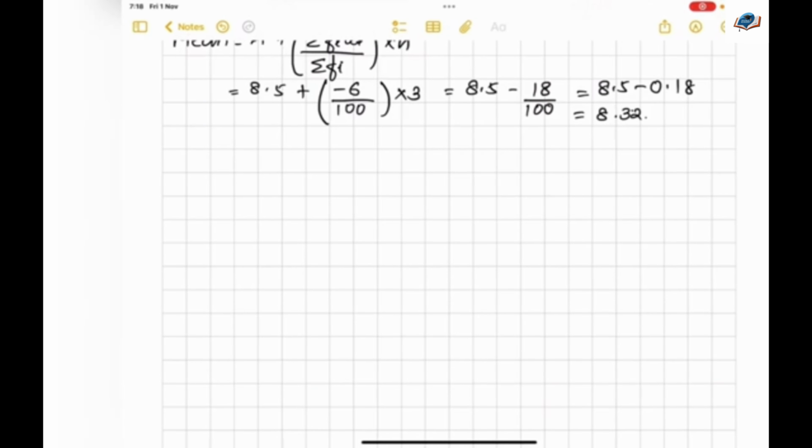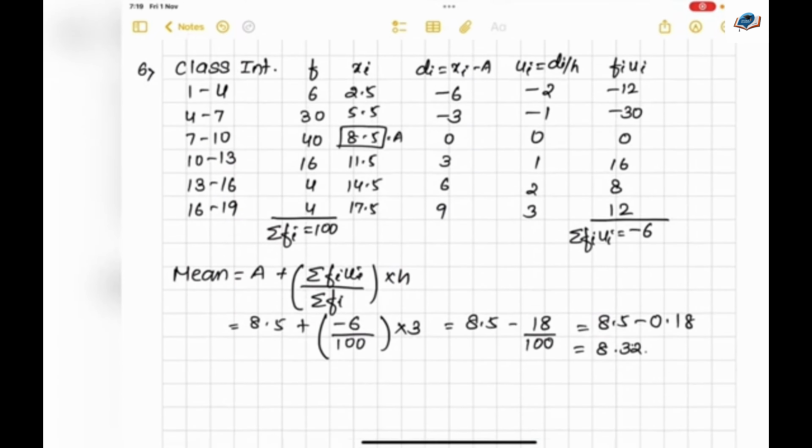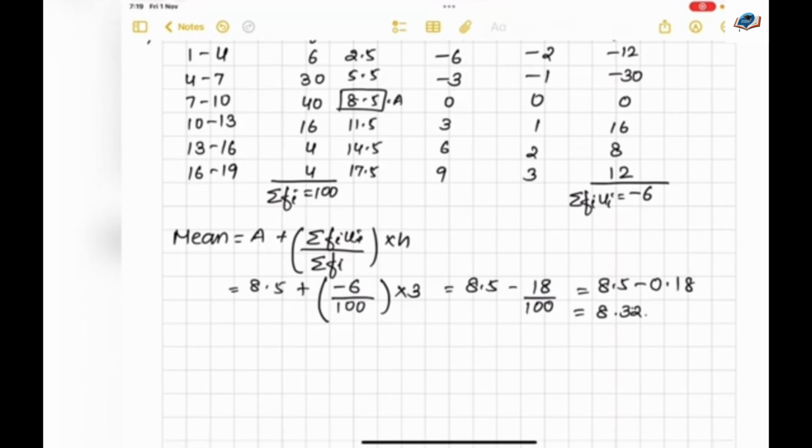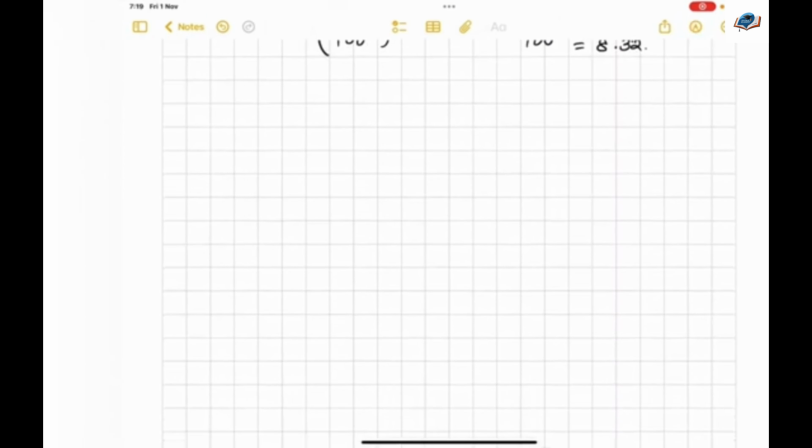Now for median, I need class interval and f. See, in class interval and f the maximum value is 40, so I will take this. There L will be 7, N by 2 will be 50, CF will be 36, F is 40, and H is 3.